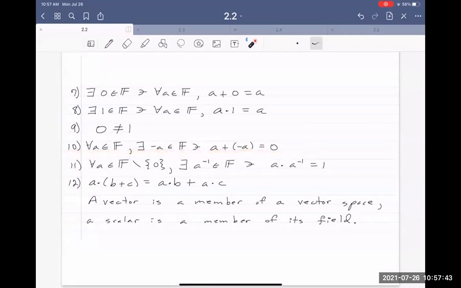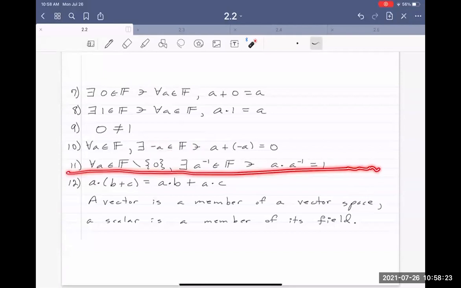For every number A in our field, there exists its additive inverse, denoted by minus A. So for every number A, there exists an additive inverse, negative A, such that A plus its additive inverse is the additive identity. And so this is a right additive inverse. By commutativity of addition, it's also a left additive inverse.